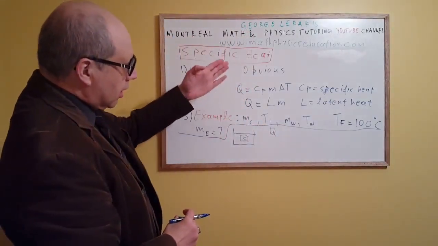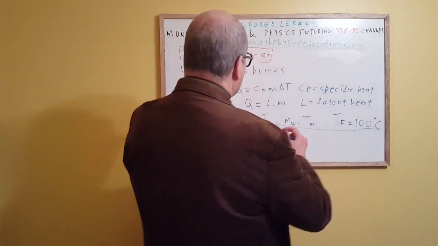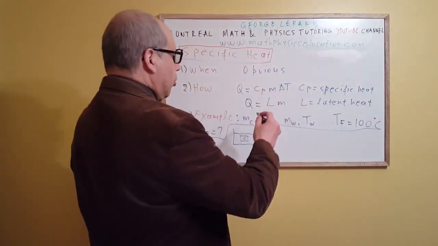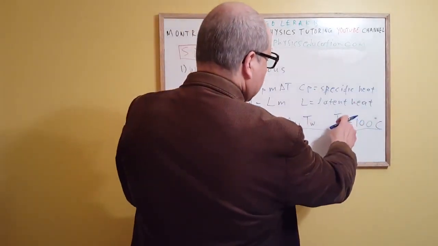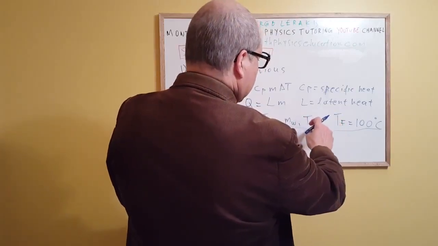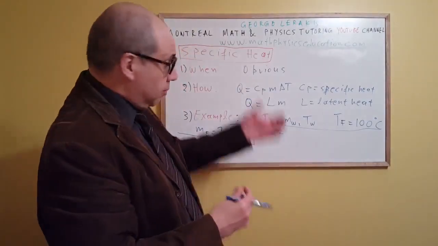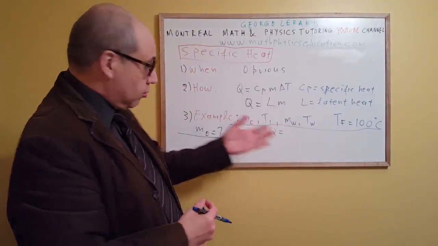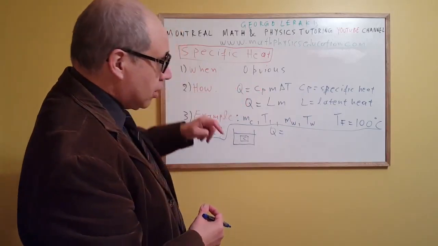Because the copper will go from some temperature T1 to the temperature T final, but it will still be in the same state. It will still be a solid. So that means we have to use this first equation here.